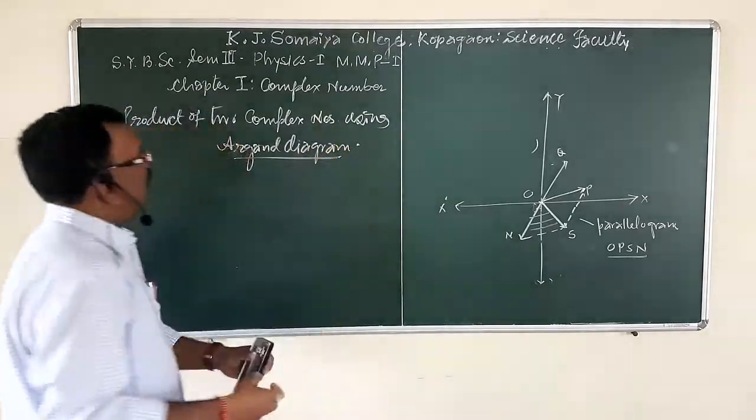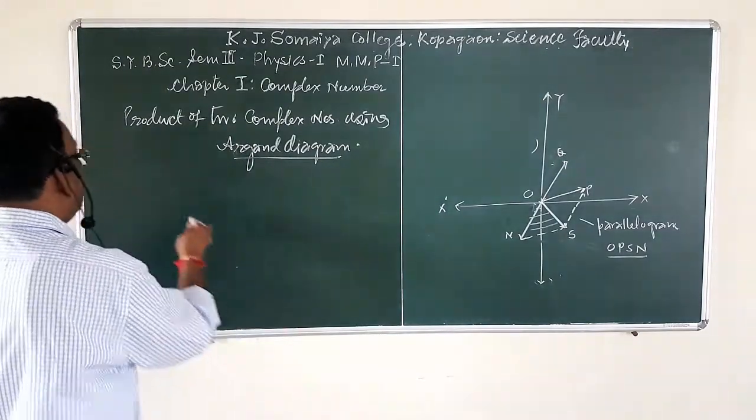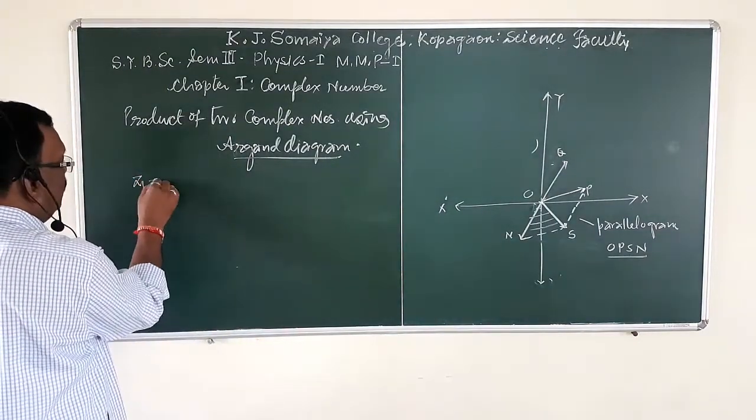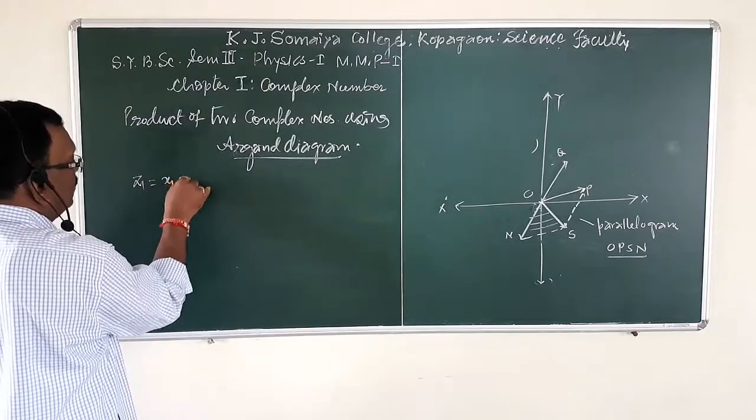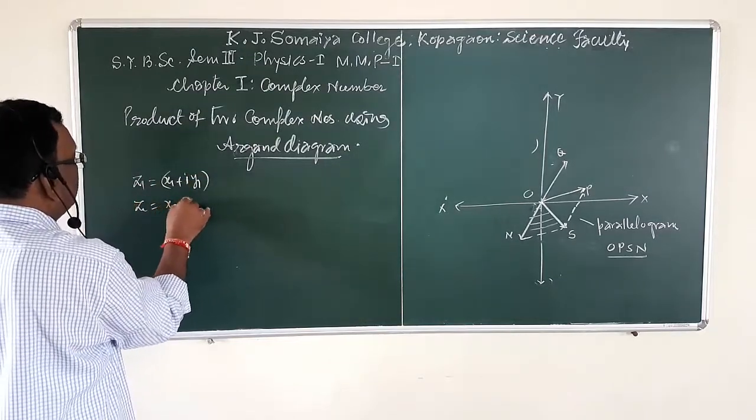Okay. In order to obtain the product of two complex numbers, again consider two complex numbers Z1 is equal to x1 plus iy1 and Z2 is equal to x2 plus iy2.